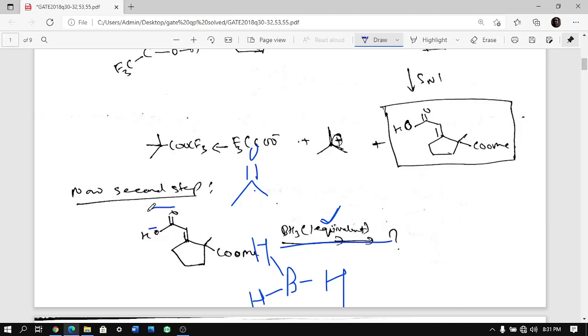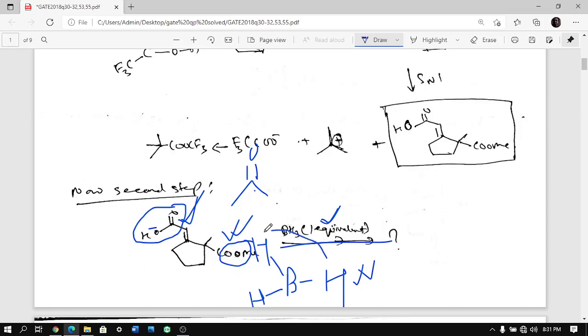We saw the acid is more electron rich, and therefore the acid gets reduced, and the ester is not touched at all. If you are doing reduction with diborane, aldehydes, ketones and esters all remain untouched, because they have quite a lot of positive polarity.